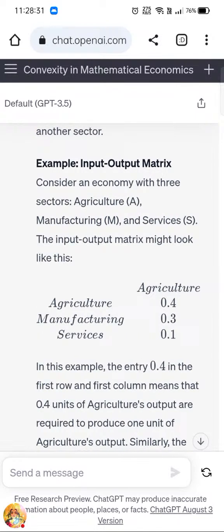Or we take it that the row sector is the output sector and the column sector is the input sector.